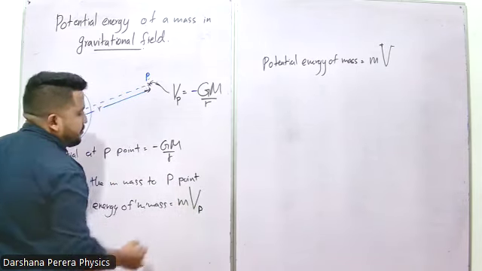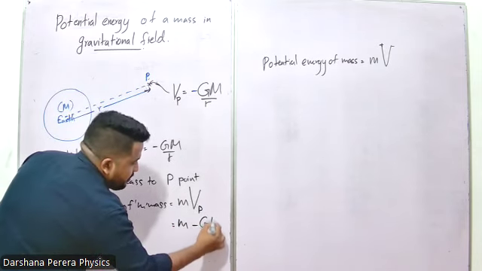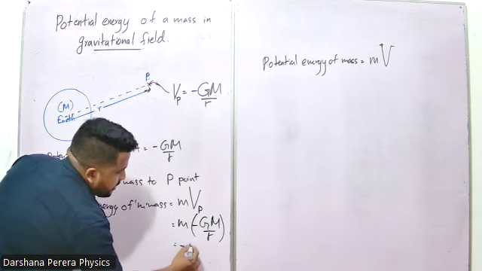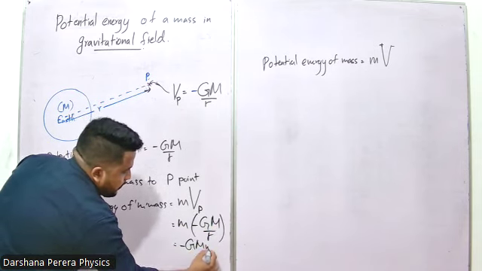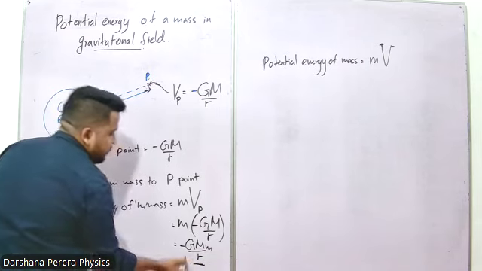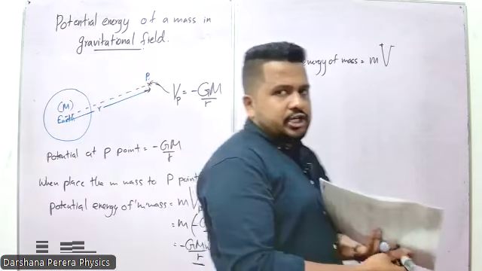Vp means the potential at this point. M into minus GM over r. No need to worry about this one. Why? You know how we get the potential.